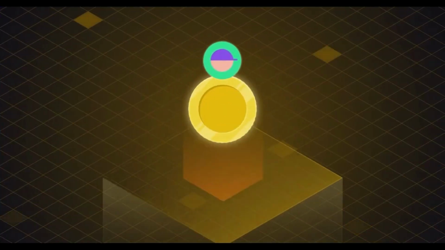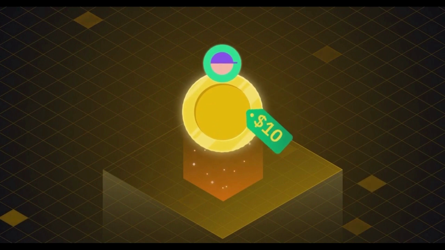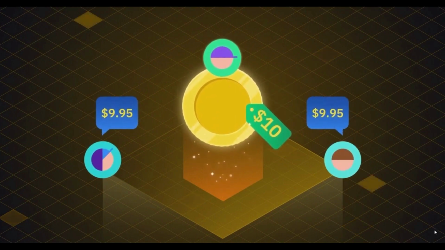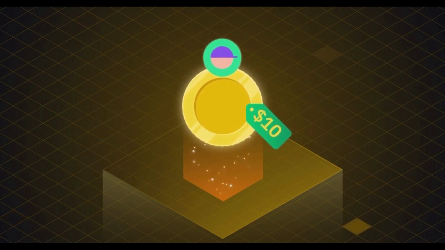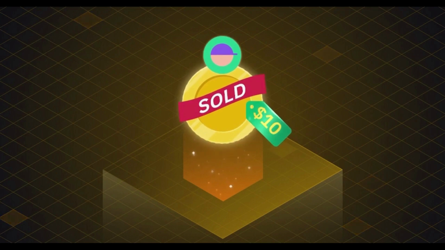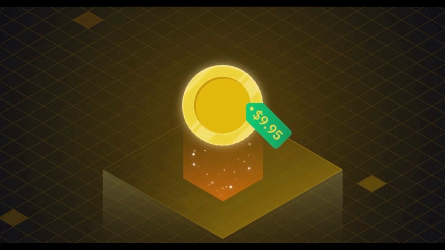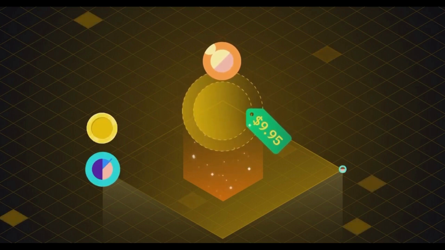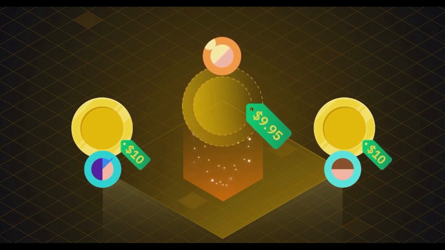For example, Bob wants to sell cryptocurrency A for $10, but scalpers and other buyers want it for the lower price of $9.95. Bob offers the crypto to the market at $10, but he doesn't get any takers. Bob's in a rush to sell, so he chooses to sell it for $9.95 to a scalper. Another investor, Alice, wants to purchase cryptocurrency A for $9.95, but sellers and scalpers only offer to sell it at $10.